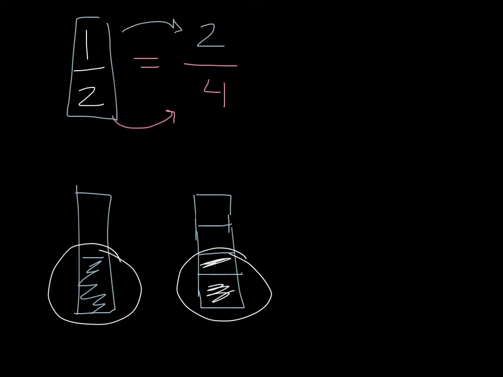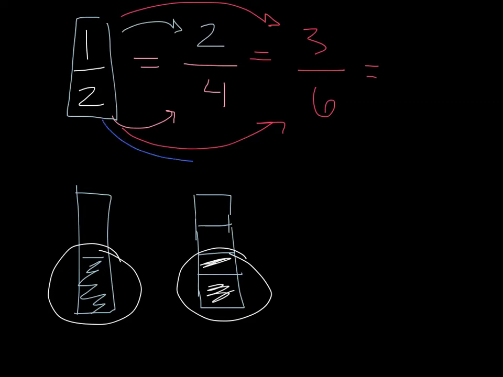We could just as easily also say that I'm going to multiply the numerator by 3 and my denominator by 3. So I could say that 1/2 is the same thing as 2/4 is the same thing as 3/6. One of the many super cool things about this is that I could multiply the numerator and denominator by the same thing, whatever number I want, and they'd be exactly the same.